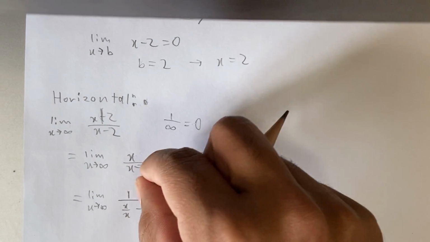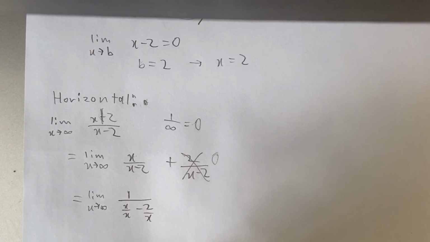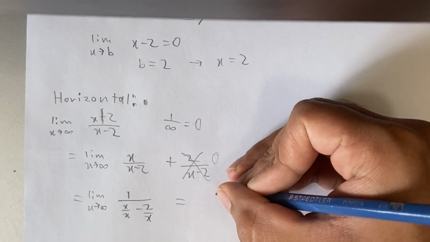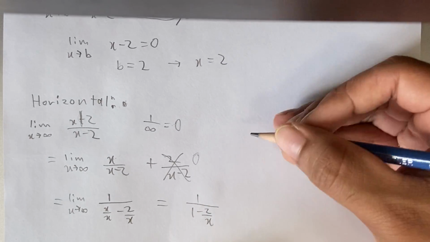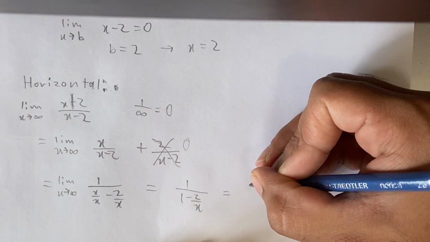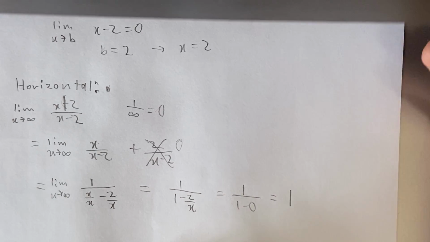We're dividing by x because x is in the numerator and we want to bring it down. So this is equal to 1 over 1 minus 2 over x. As x goes to infinity, that becomes 1 over 1 minus 0, which is 1.